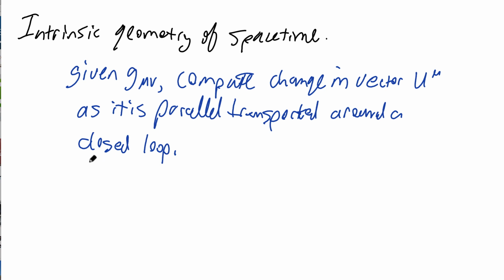And I should emphasize at this point that the concept of curvature is a local concept defined at each point in the space-time, and it can vary from point to point. So the closed loops we consider, we will want to take them to be infinitesimal. So each infinitesimal closed loop will characterize the curvature at the point where that infinitesimal loop is located.